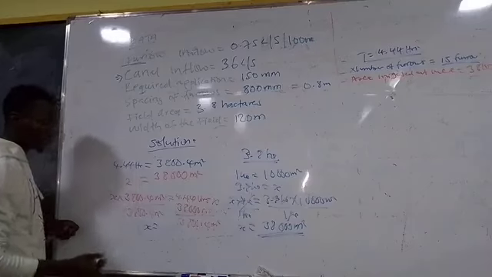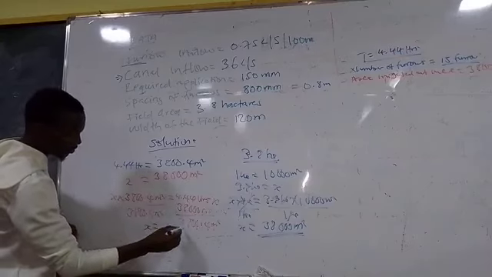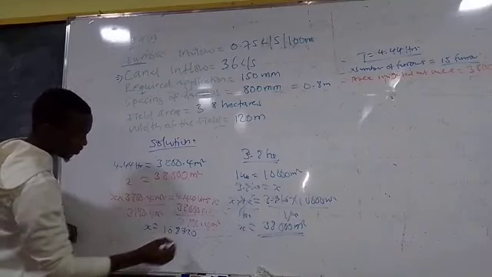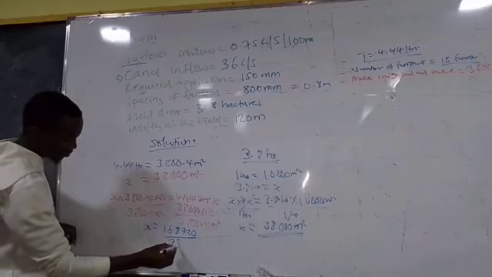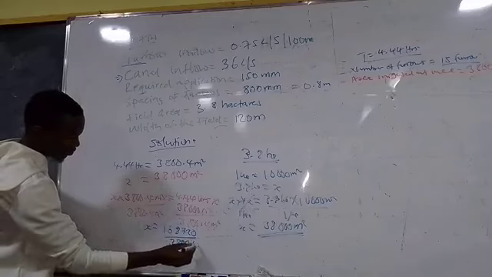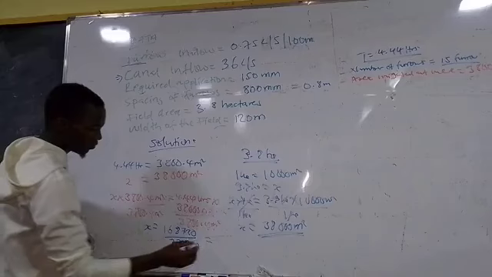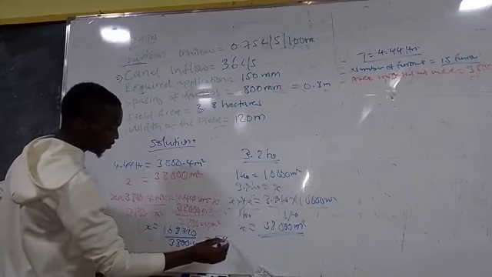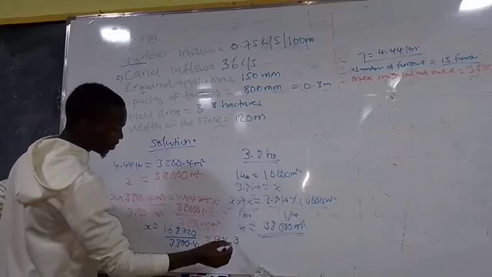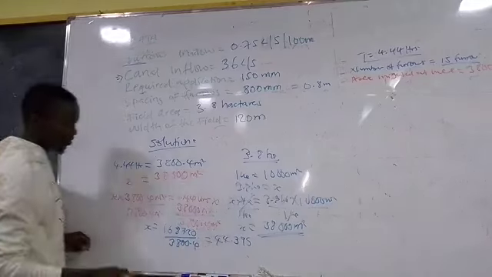What else did we get? 168,720. You divide this by this. What else did you get? 44.4. Yeah.